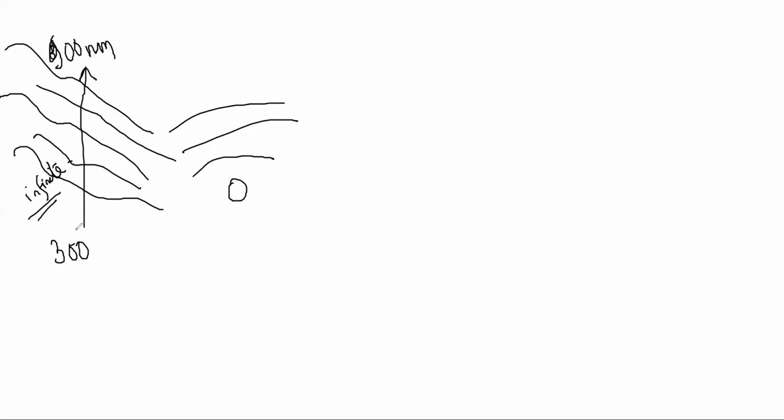So infinite wavelengths are falling on something, but the sodium atom has some energy levels here, E0, E1, E2, E3, E4. The electron cannot exist in any intermediate place. It can only exist in this level or this level or this level and so on.